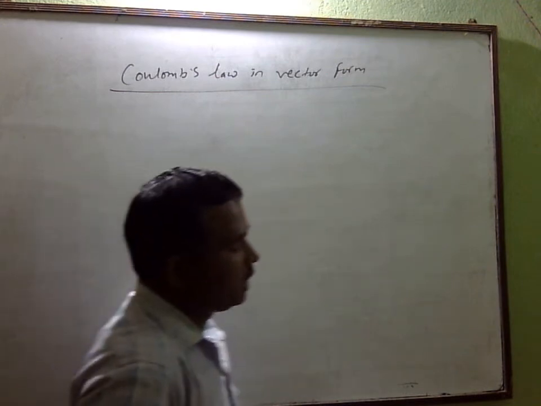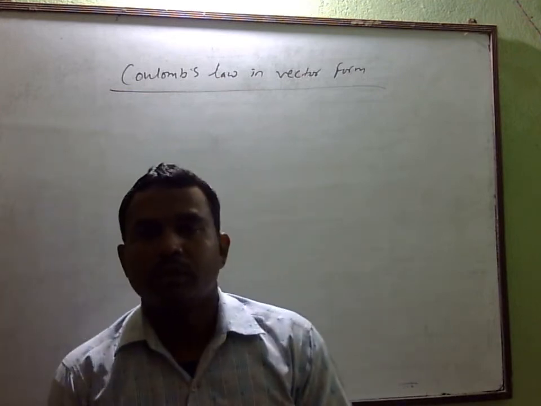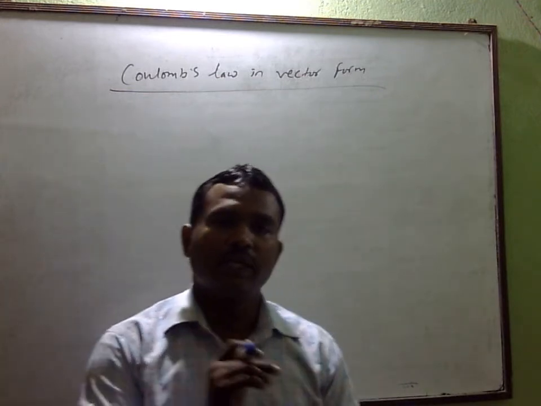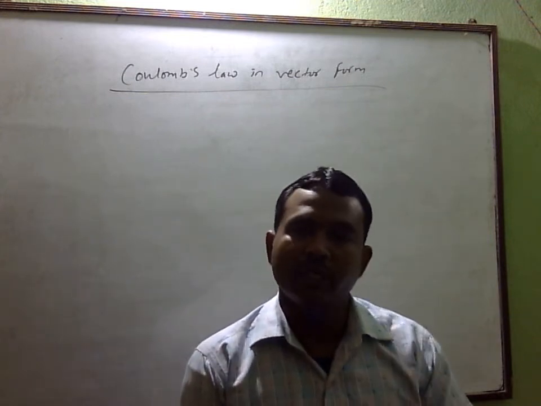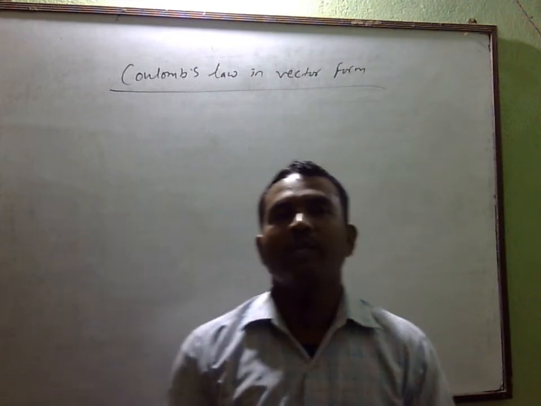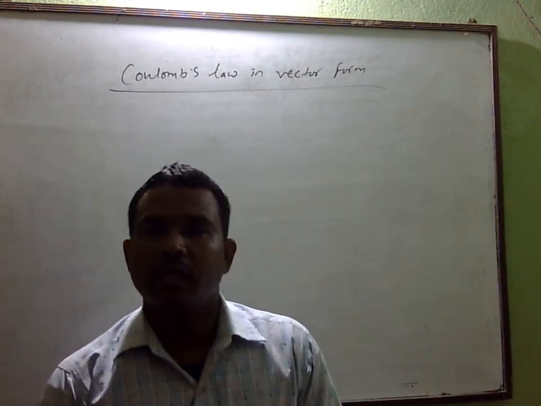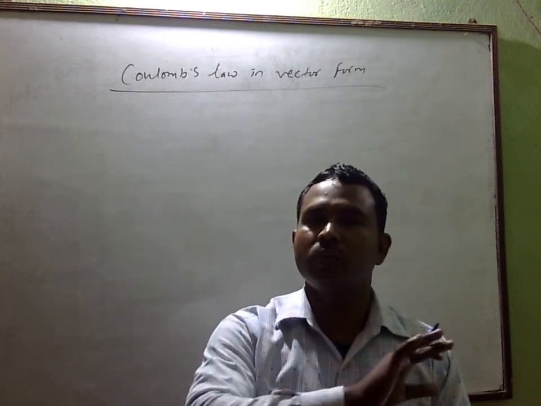Vector form, we already know that. What is a vector? Vector means what? The quantity which has magnitude as well as direction. Simple thing you can say. So force is a vector quantity because force has magnitude and direction also. But what is a scalar? A scalar quantity is one which has only magnitude.